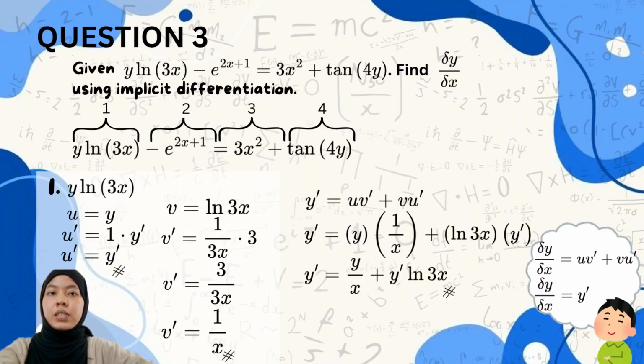Differentiate v is 1 over 3x times 3, which is 3 over 3x, equal to 1 over x. After that, substitute into the product rule: y times 1 over x plus ln 3x times y prime, which is y over x plus y prime ln 3x.